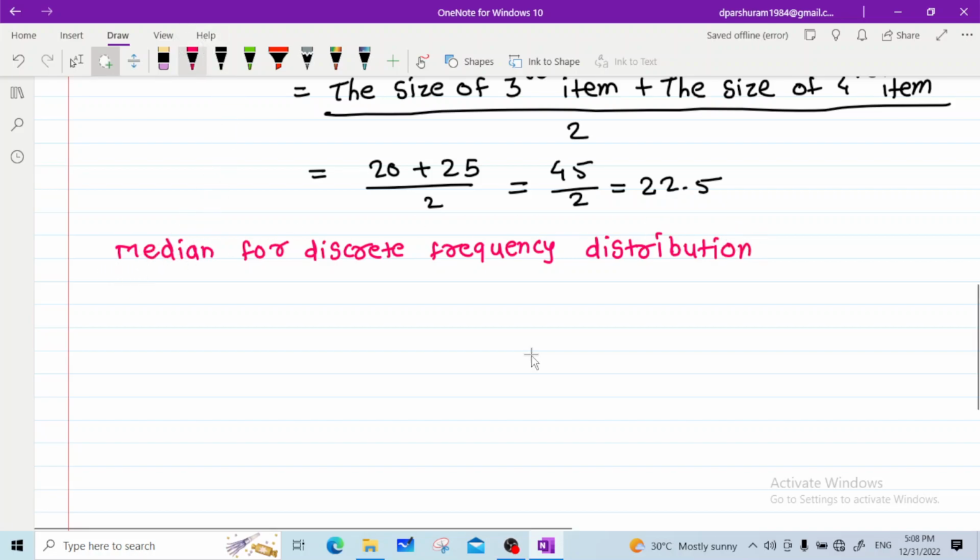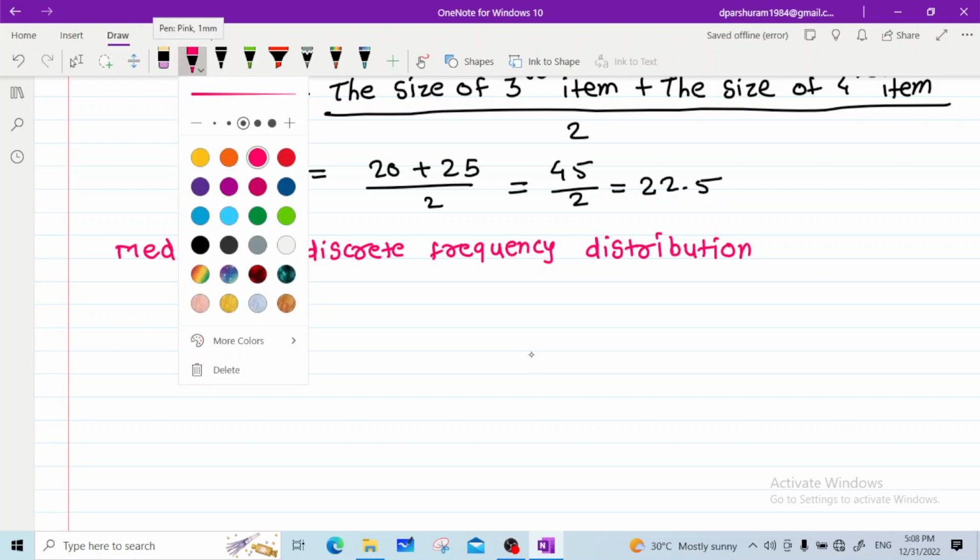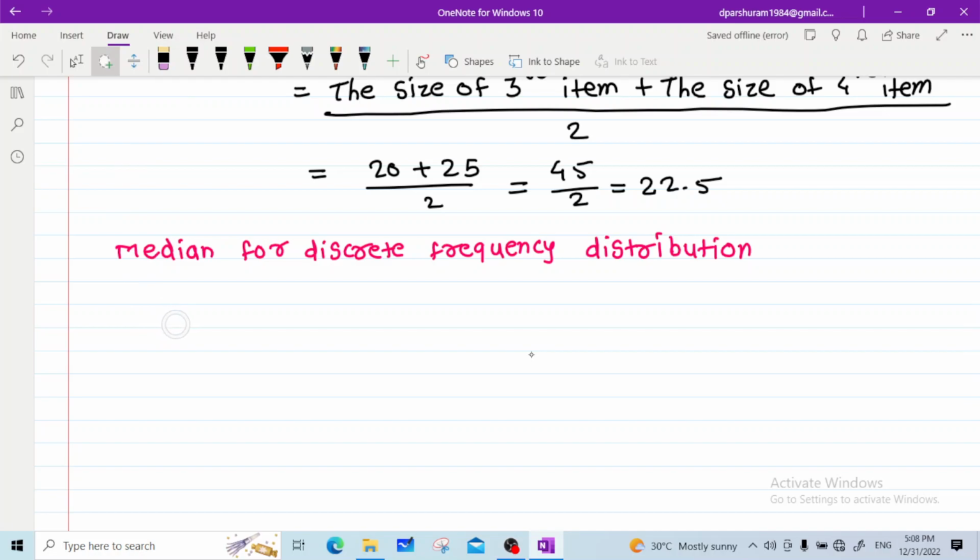The sum of the observations is denoted by capital N, and the formula for the median when the number of observations is odd is (N plus 1) divided by 2, where capital N is equal to summation Fi.